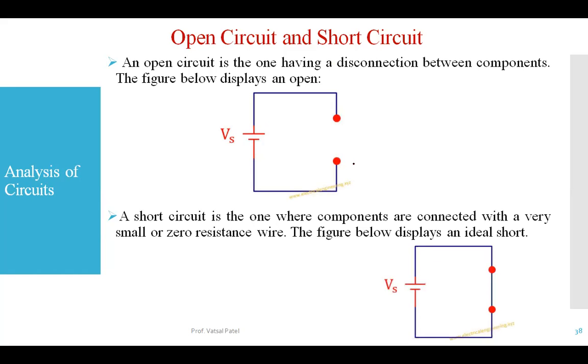I hope it is now clear to you, according to this diagram, what is open circuit and what is short circuit. Between these two red terminals, if the wire is broken or there is disconnection of the component, then it is the open circuit case. And if the wire has a low or zero resistance value, then it looks like a short circuit case here.